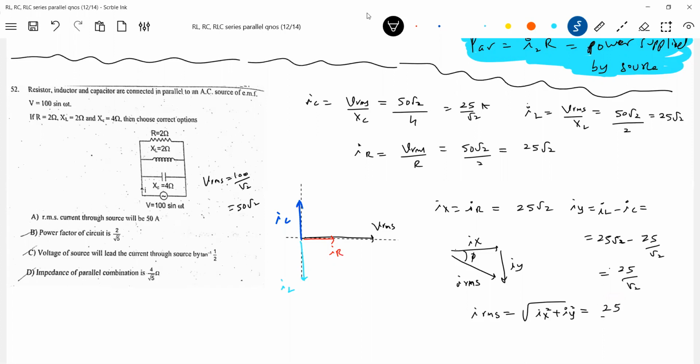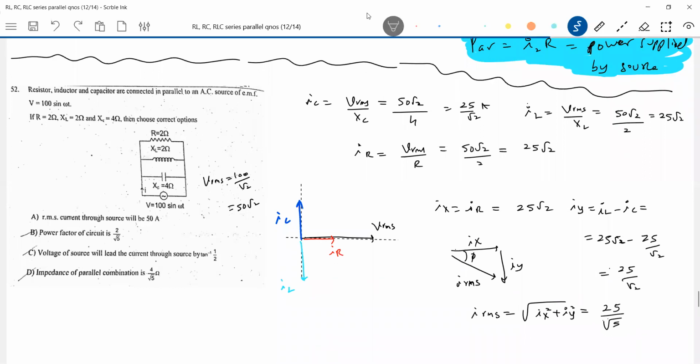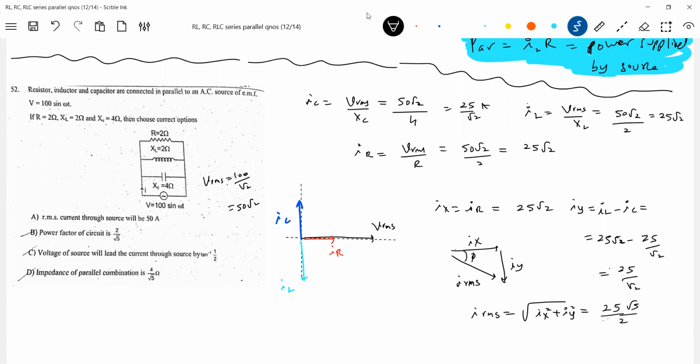Yes, sir, the 2 is also in the root. It is 25 multiplied by root 5 by 2. Okay, this is IRMS.